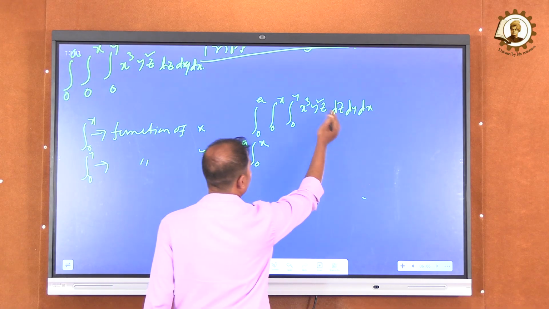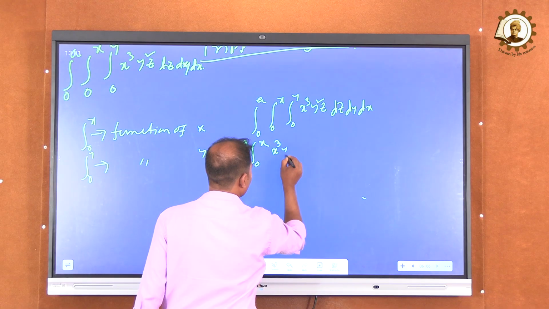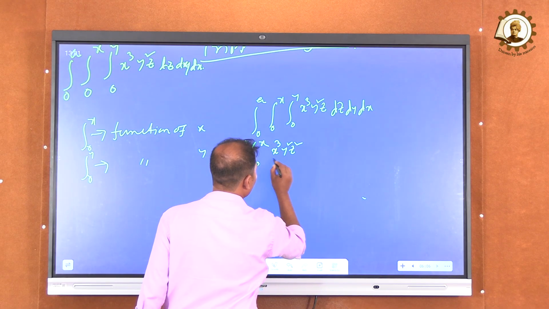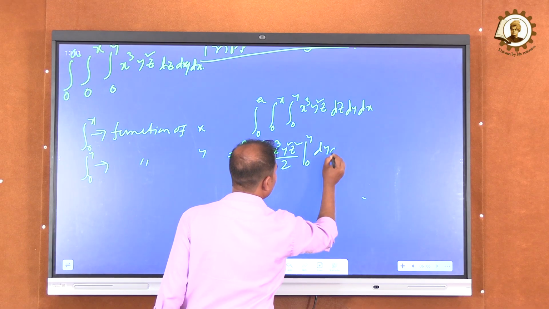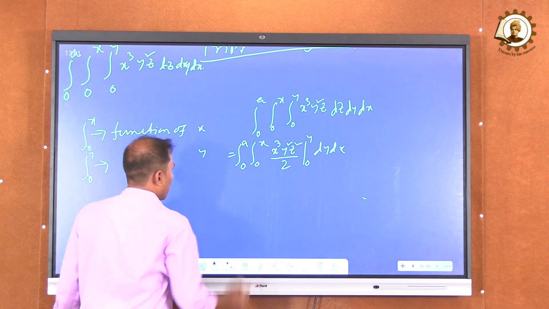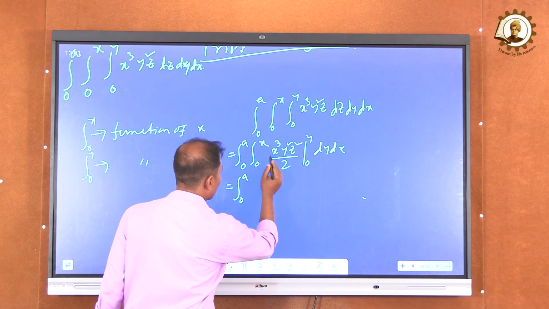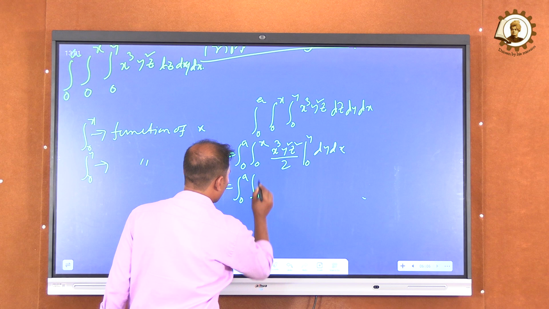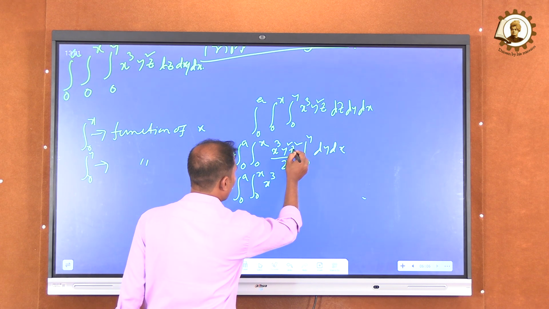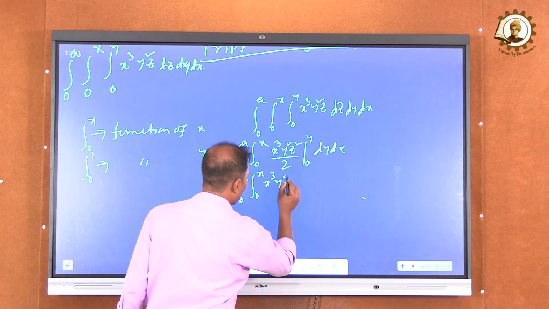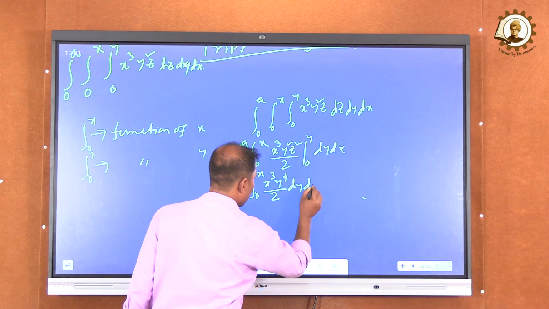If we integrate with respect to z, we get x cube, y square, z square by 2, from 0 to y, dy dx. After that, this becomes x cube, y square, y to the power 4 by 2, dy dx.